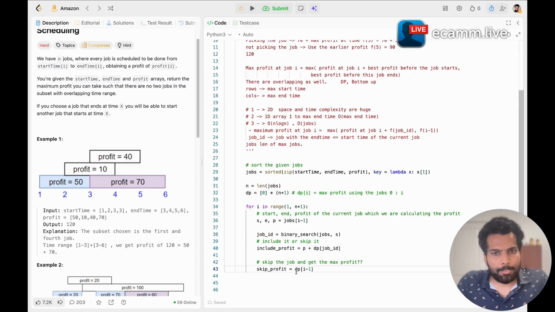And then we can just directly return dp of i, the last row. But first we need to update it. So dp[i] equals max of include and skip.